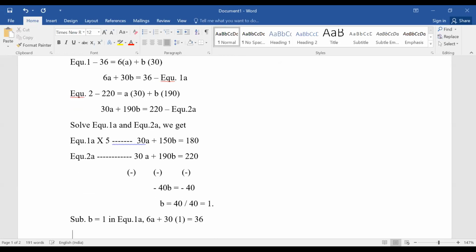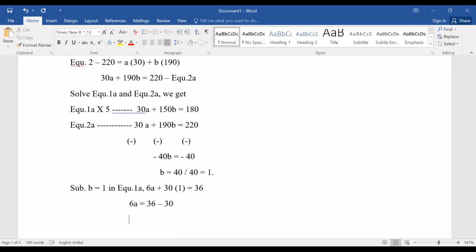Now what will be the a value? 6a equal to 36 minus 30, therefore 6a equal to 6, therefore a equal to 1. Now we have the a and b values. Did you get this? Yes, very good.